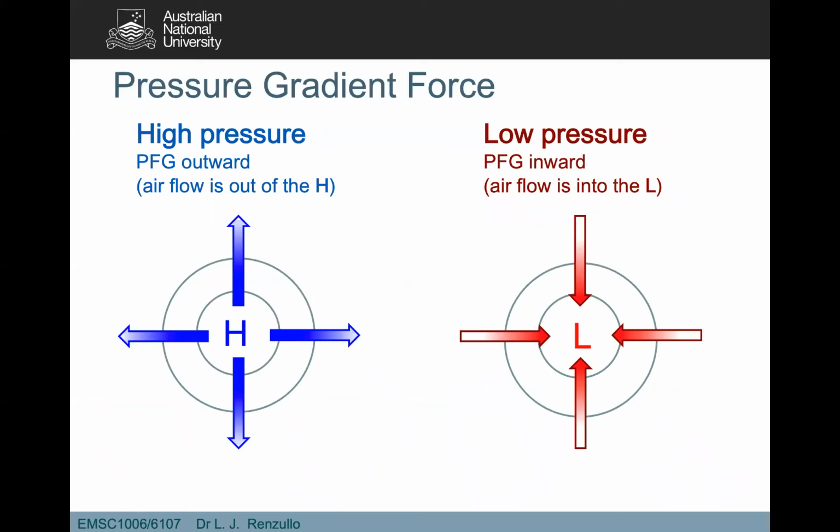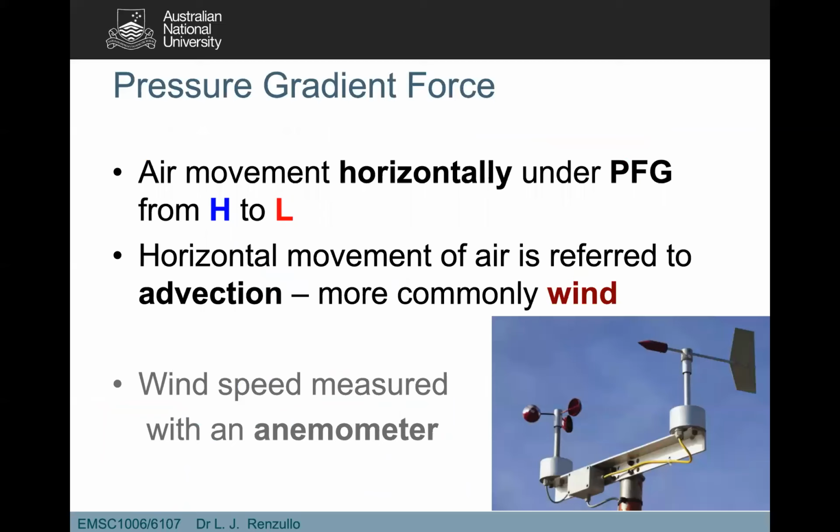So pressure gradient forces flow out of the high pressure and into a low pressure environment. Movement of air horizontally under pressure gradient force from high to low is referred to as advection, and this is more commonly known to you as wind.